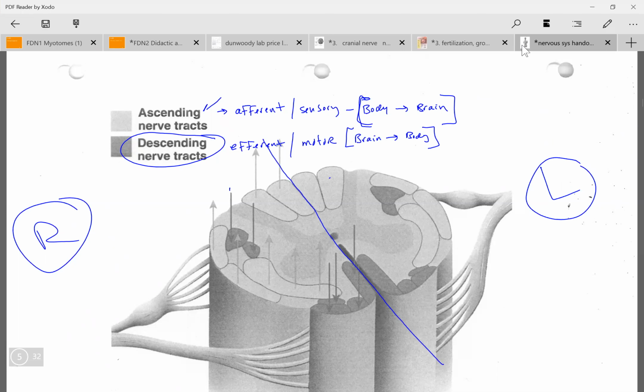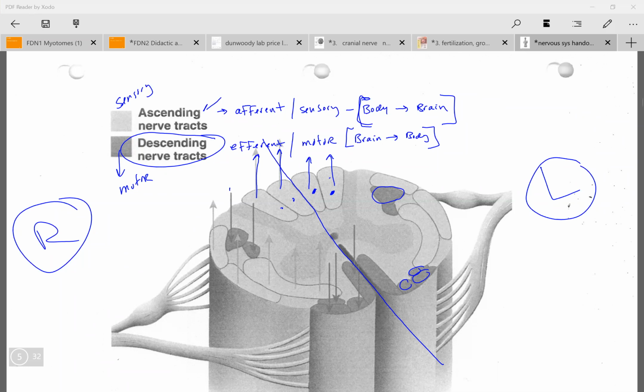Okay, so you'll notice the arrows are going up here, but not on this side, even though that's what's going on simultaneously as well. All right, the darker circles on this cross section of the spinal cord, I was trying to show you motor. Okay, so the darker circles are motor. The lighter colored circles, okay, that is sensory. Now remember, afferent and sensory are synonymous.